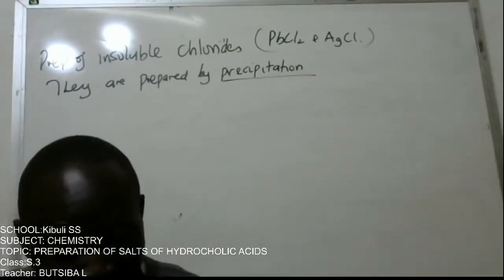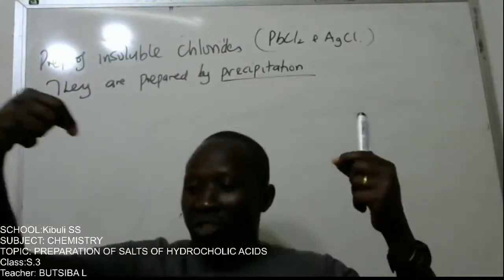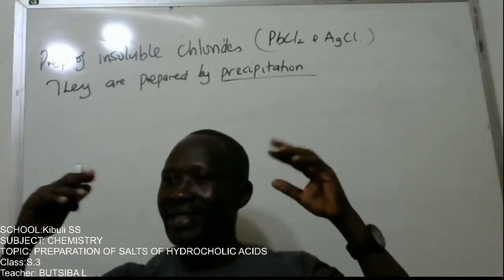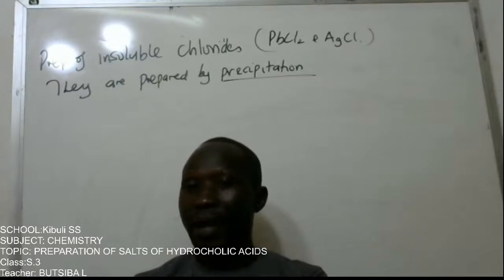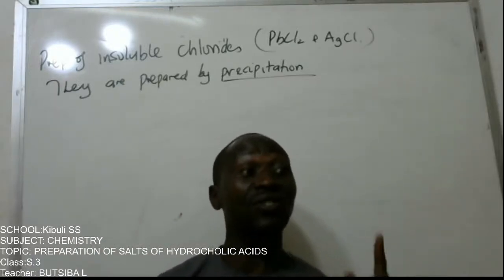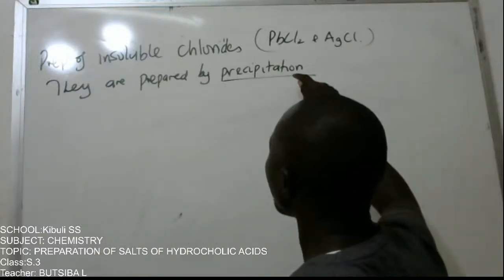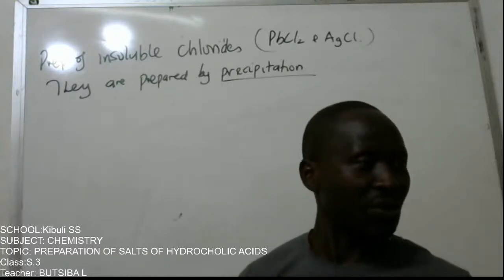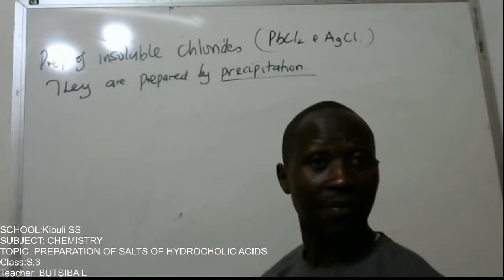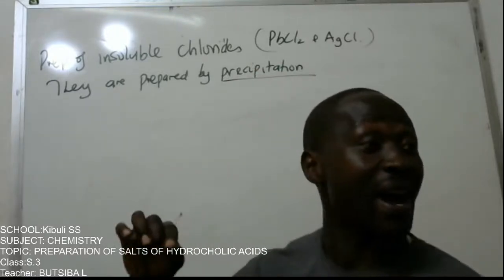A precipitate is an insoluble solid, an insoluble salt formed when two solutions are reacted together. A solution plus a solution, you get a solid. That solid is called a precipitate. So it means adding two solutions together, you end up with a solid.